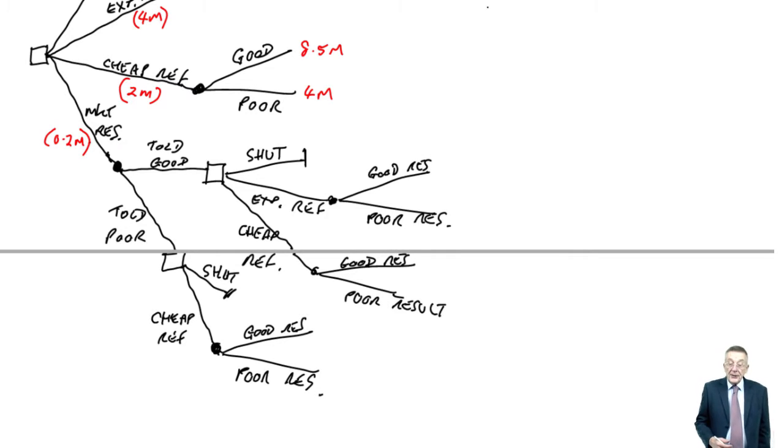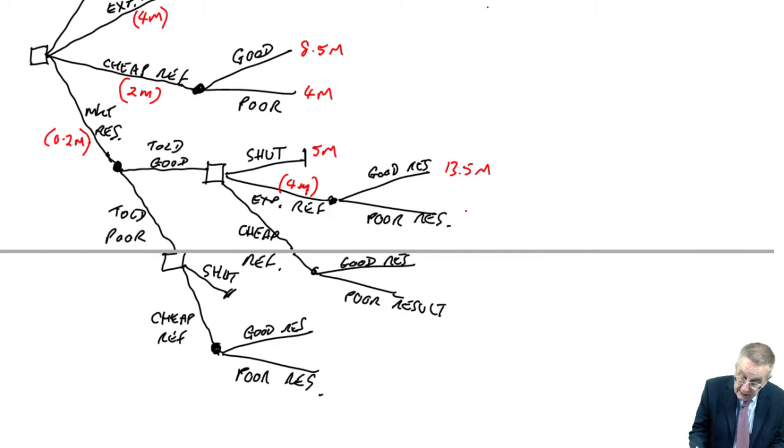Then we wait to hear what they say. Well, if they tell us it's good, we might decide to shut. And remember, shut gives us 5 million, so we'll have paid out 0.2, but we then get back 5. Or we do the expensive one, and again, expensive would mean paying out another 4 million. If it gives a good result, we get back 13.5.